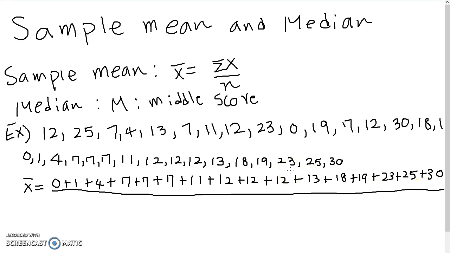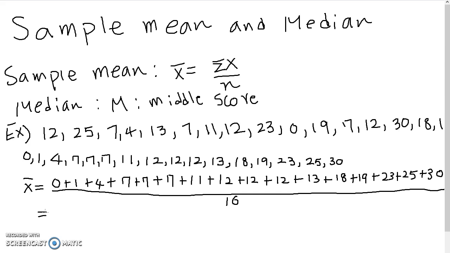We counted 16 last time. Let's just check it again: 1, 2, 3, 4, 5, 6, 7, 8, 9, 10, 11, 12, 13, 14, 15, 16. So we're going to divide this by 16, and that will give us the sample mean. Let's find out what this is, then we can move on to finding the median.